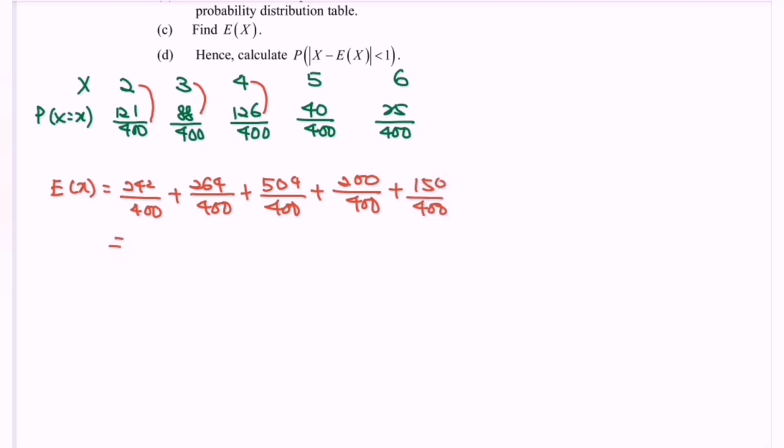If we sum up the situation, we will have 1360 over 400. If we simplify, we will have 17 over 5 or 3.4 for the E(X) or expected value.